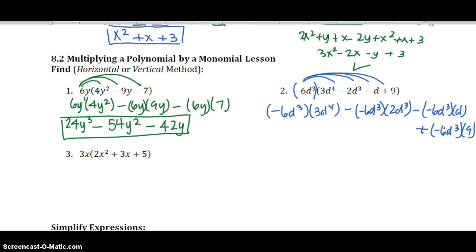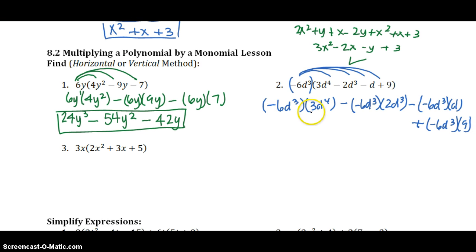Don't let that negative erase. Negative times a positive is going to stay negative 18. Our d to the third adds, the exponents add to d to the fourth, making it d to the seventh. Negative times negative here is going to make a positive. 6 times 2 is 12. D to the third makes d to the sixth. Negative negative is going to make positive. 6 times 1, d makes it 6.